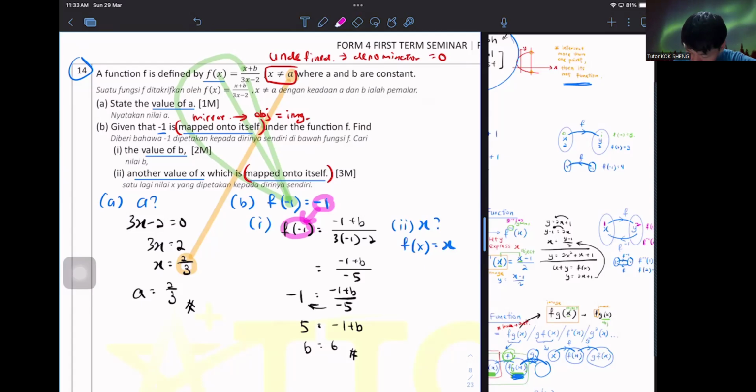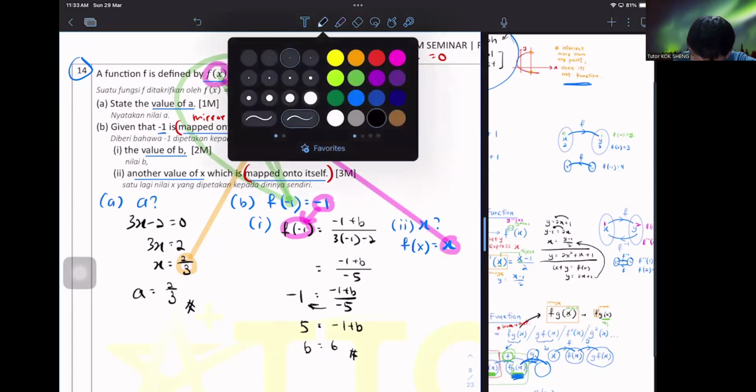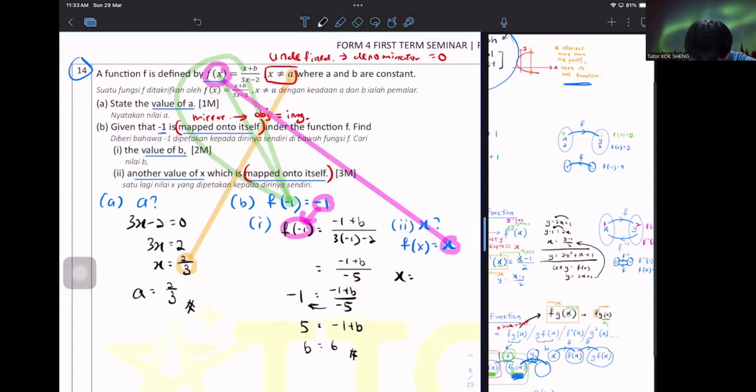So I think we can start with it, right? f(x) equals to x, so the whole f(x) replaced with x. x equals to x plus B over 3x minus 2.